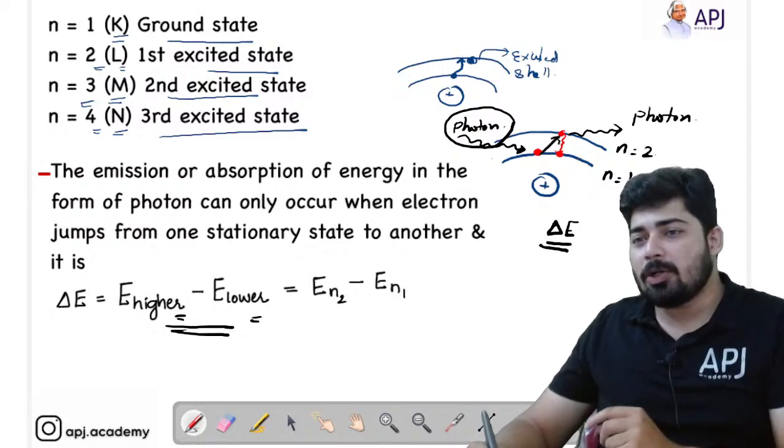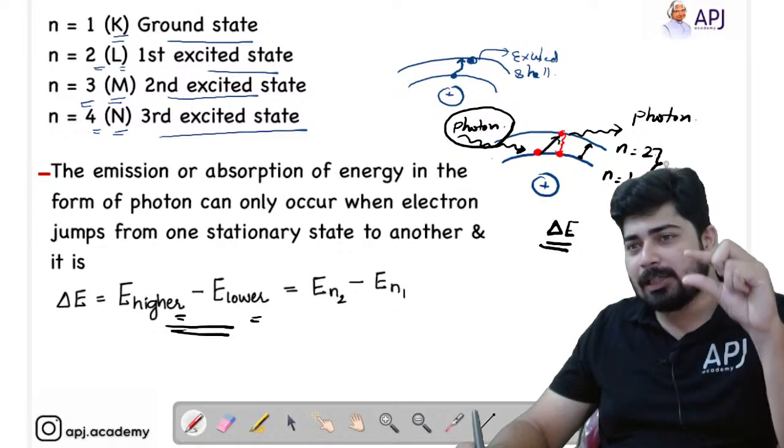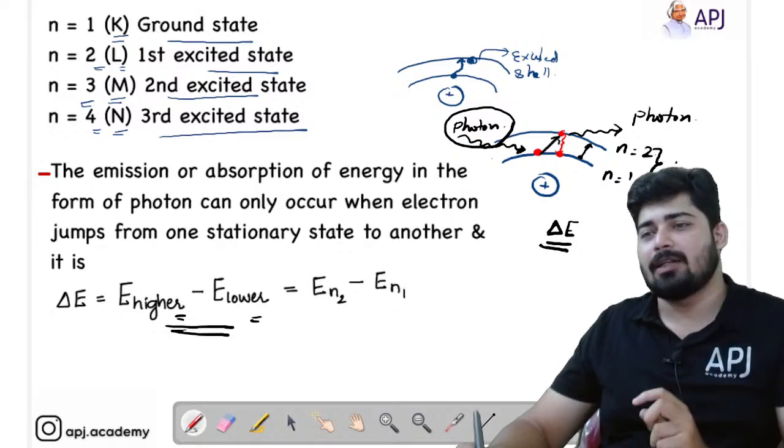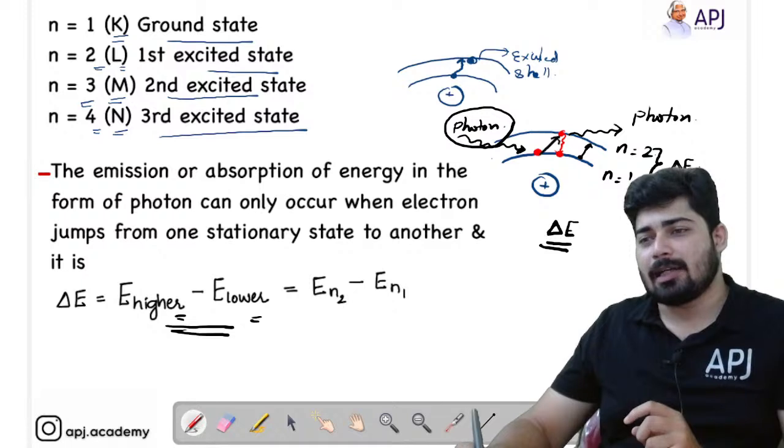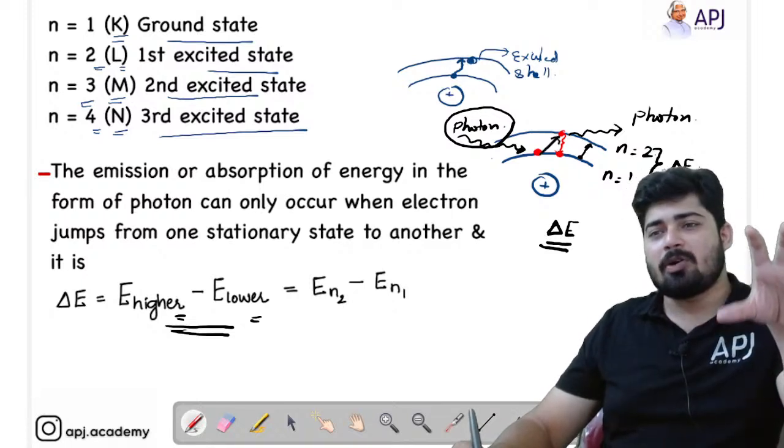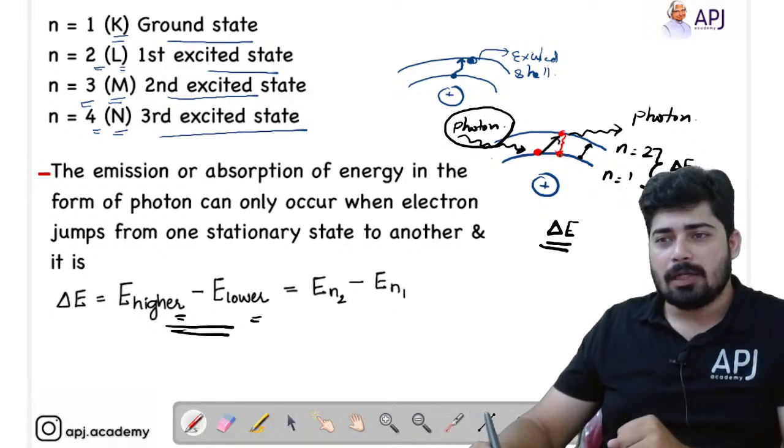So for an electron to jump from the first shell to the second shell, how much energy does it require? It only requires the energy difference between the second shell and the first shell. That we consider as delta E, and that delta E amount of energy is required for an electron in the first shell to reach the second shell.